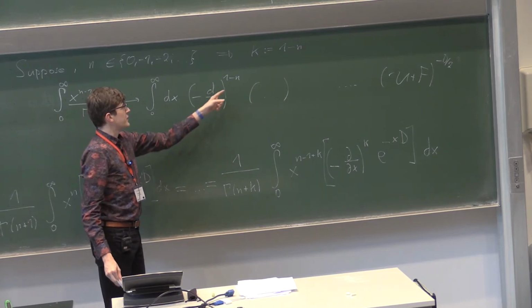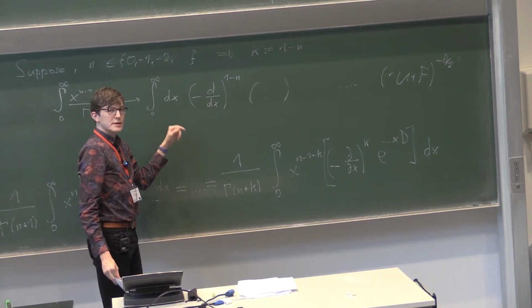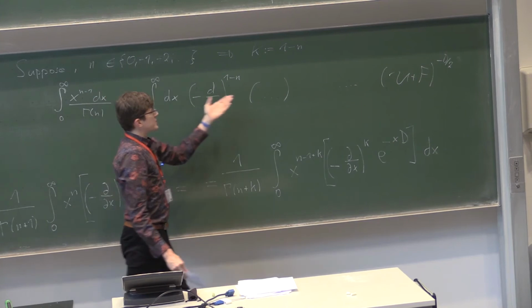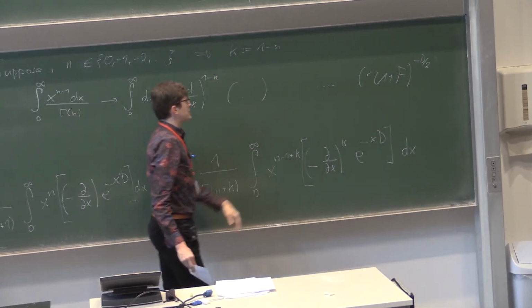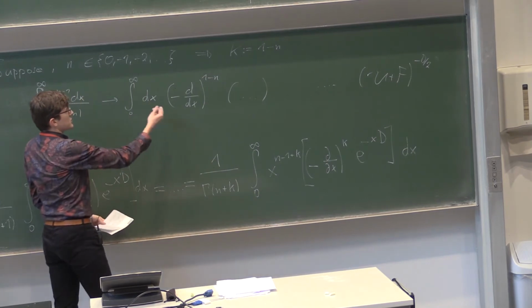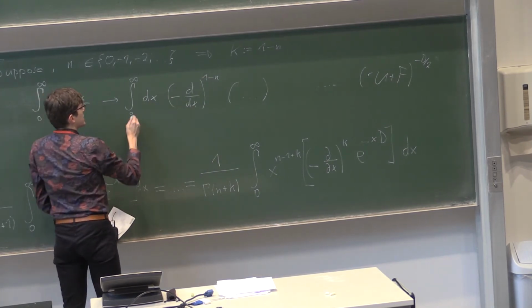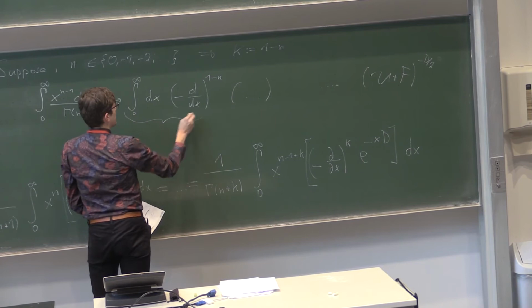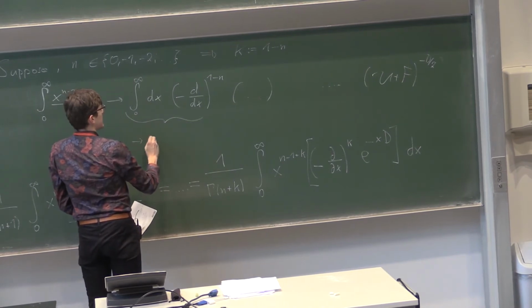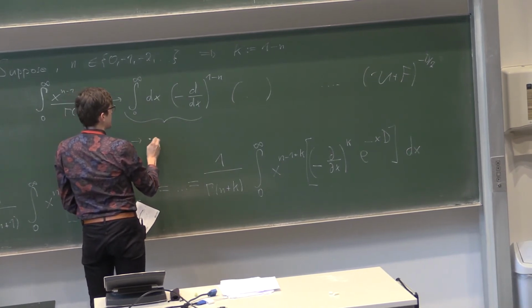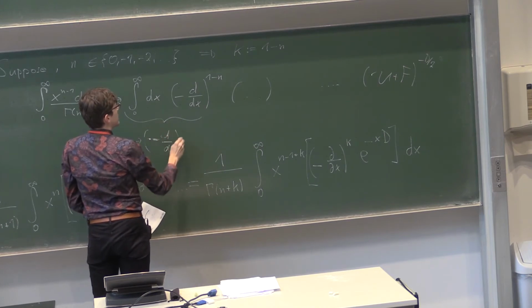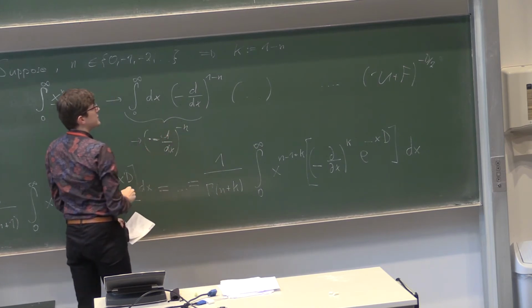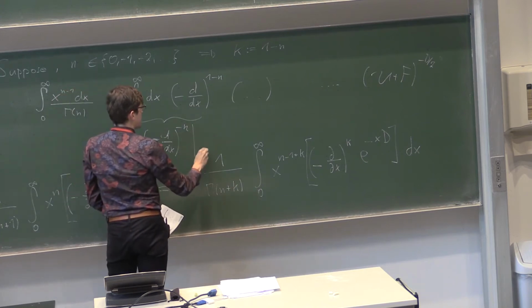You just do one derivative less, evaluate at infinity and 0. Because there will be some dependence on x in here, this thing will vanish at infinity for positive d. So you only get a contribution from the lower boundary where x is 0. So this whole thing gets replaced by minus d by dx to the minus n times, evaluated at x equals 0.